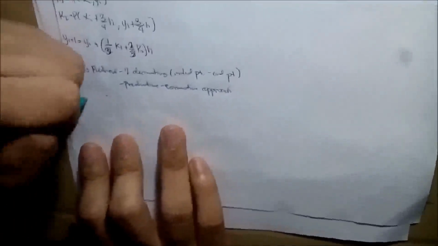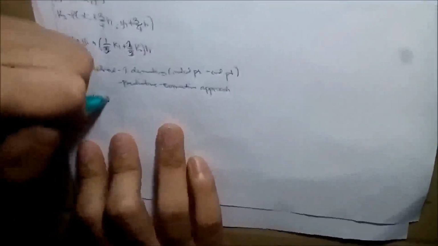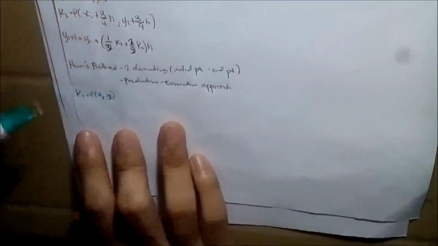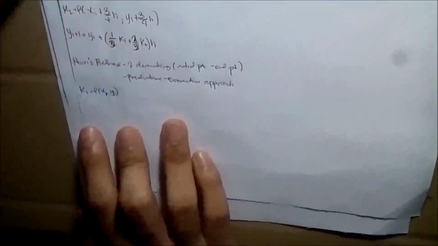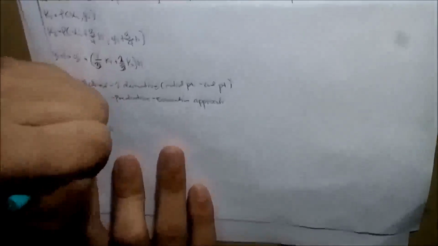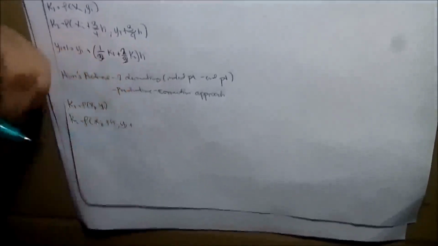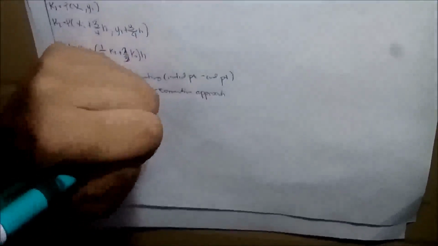The formula used in this method is this: K1 is f of x and y, xi, yi, same as the Ralston and midpoint. In finding the K2, f of xi plus h, and yi plus k1 h.